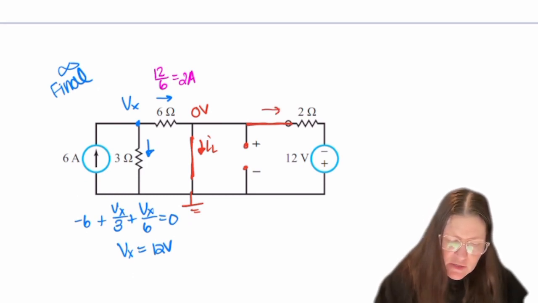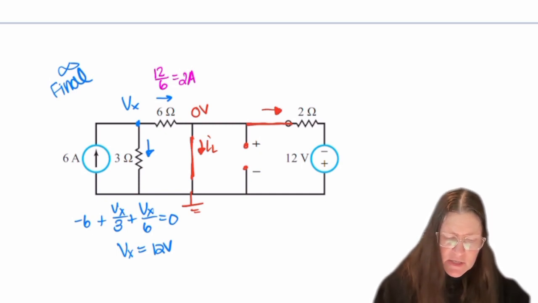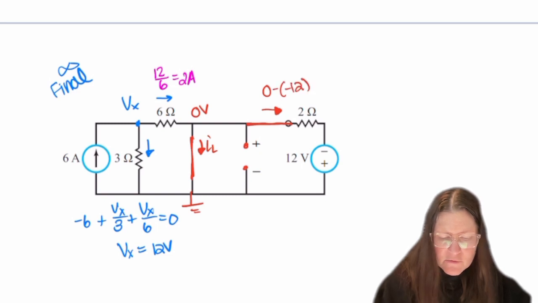Now we need to know the current in this branch, and that current is going to be 0 minus a -12 over 2, for a +6 amps.